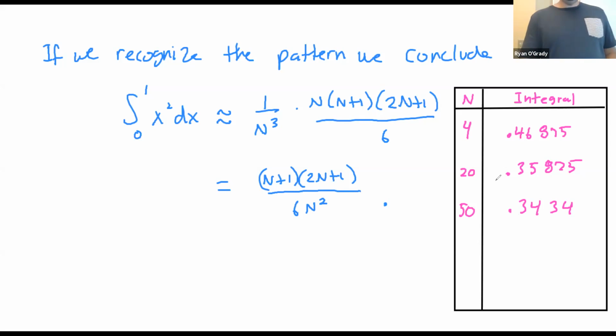So what if we do 100? If I do 100, I'm now at 0.33835. So we know this thing's going to a third, but it's taking a long time to get there.